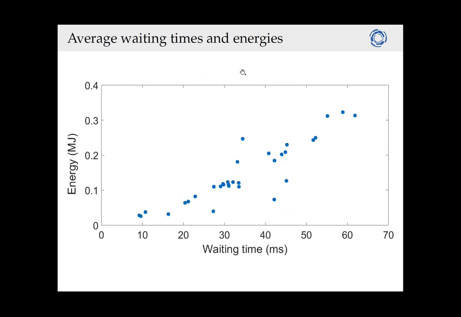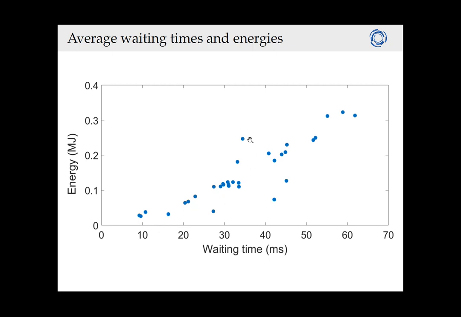Now let's see how these two are correlated. And indeed, if you plot for each of the 32 discharges, so the 32 points in this plot, the average ELM energy loss versus the average time since the previous ELM, you're going to get a graph like this.